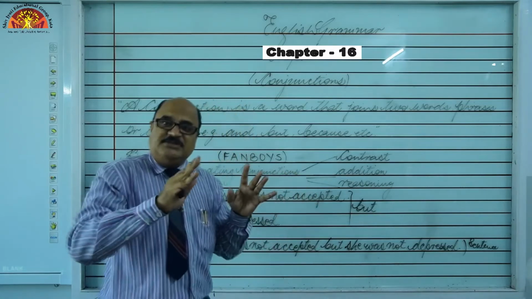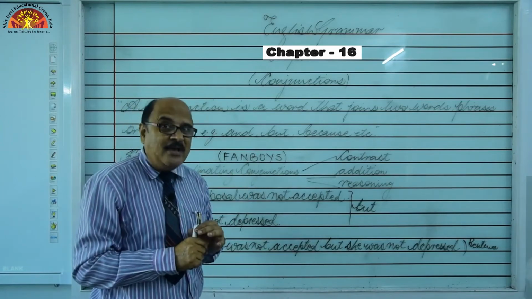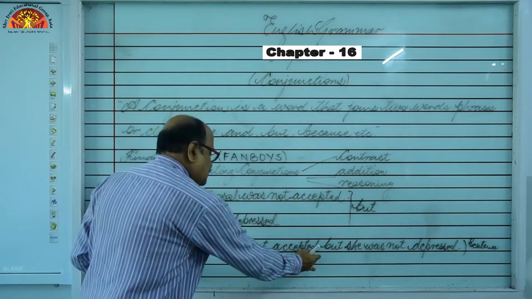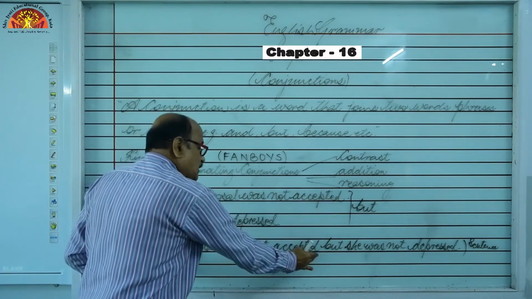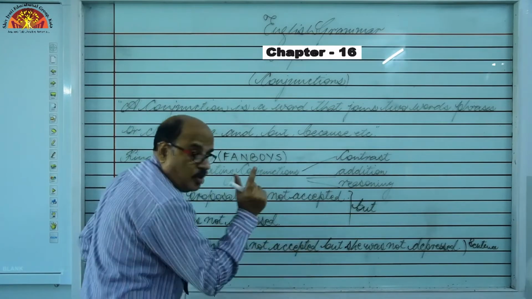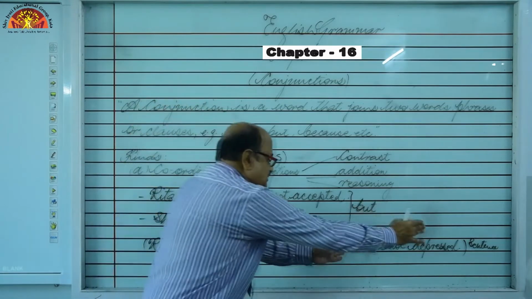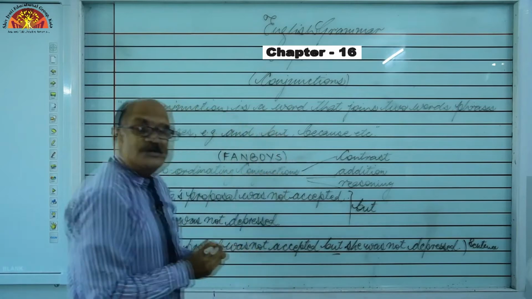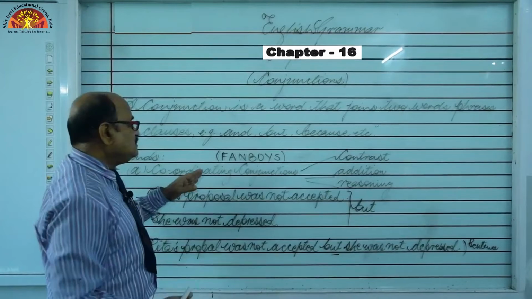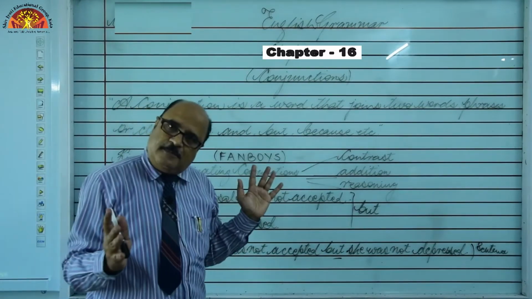In a sentence there can be many clauses, but in a clause there can be no sentence. You know why? Because clause is just a part of the sentence. So, this is a clause, this is a clause, and this but is a conjunction, a linking word. This is known as coordinating conjunctions, in contrast.